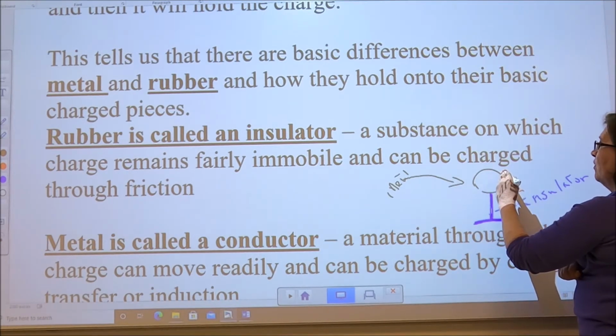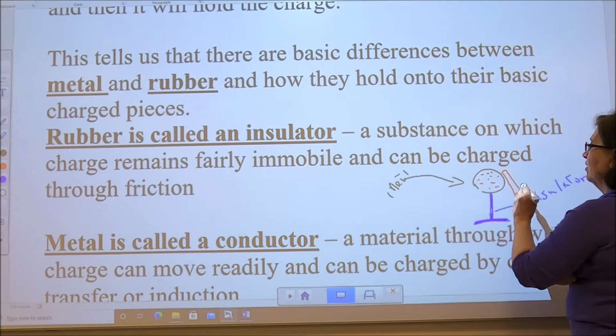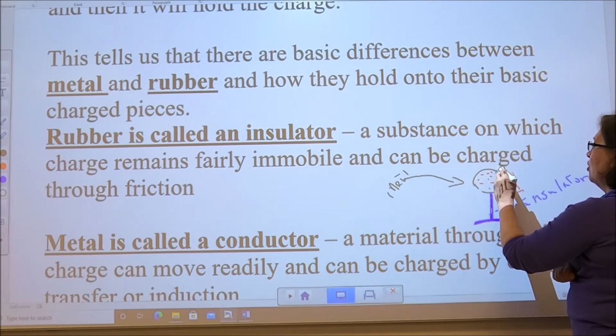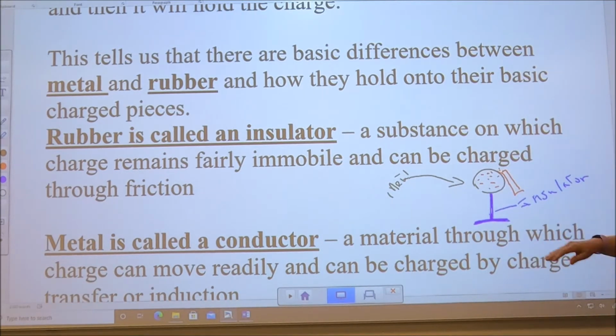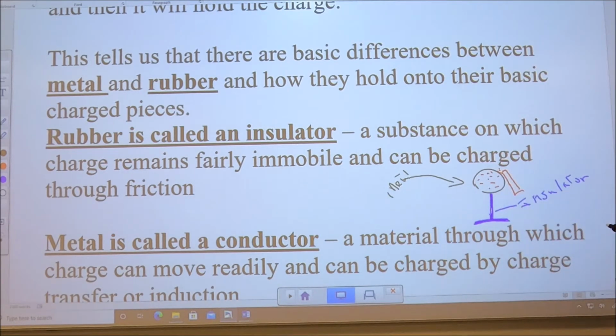Charge will actually move off the rod and onto the metal sphere. So some charge moves off, and because this is an insulator, that charge has nowhere to go and it gets trapped on the metal sphere. So we can charge the metal sphere by touch.